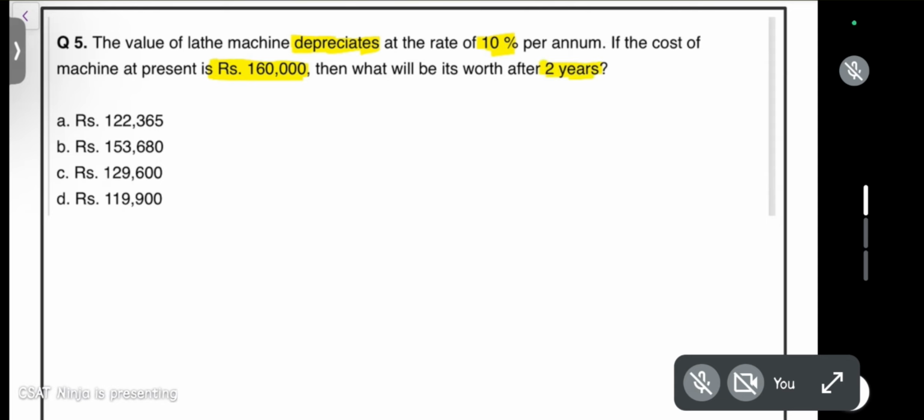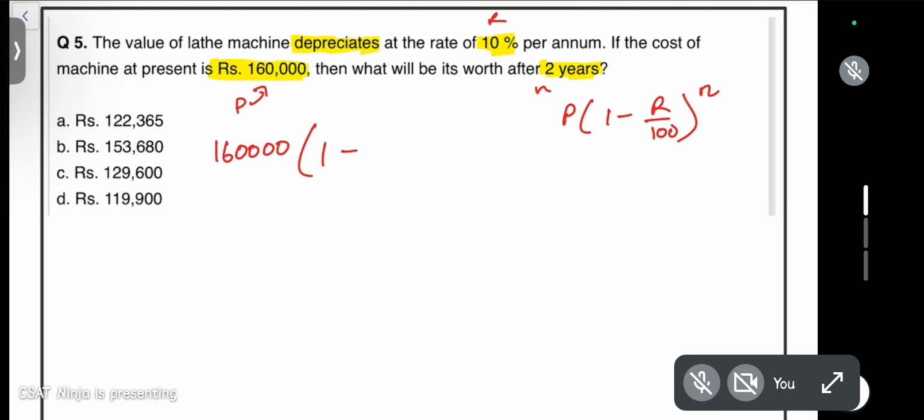If we are to use the formula, the formula is P into 1 minus R by 100 to the power N. So now P here is this, R is this, and N is this. So now I'll put the values: 160123 into 1 minus R here is 10 divided by 100 to the power 2 years.